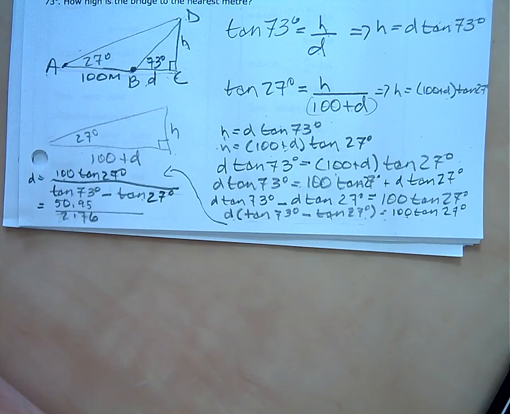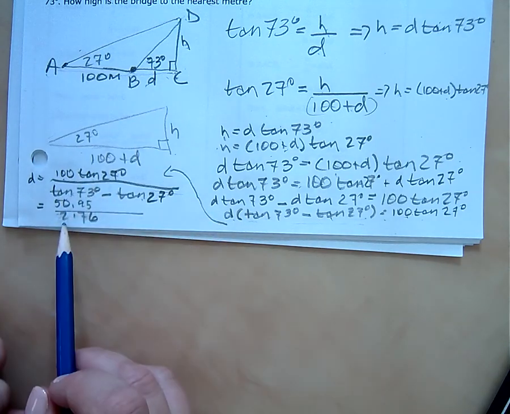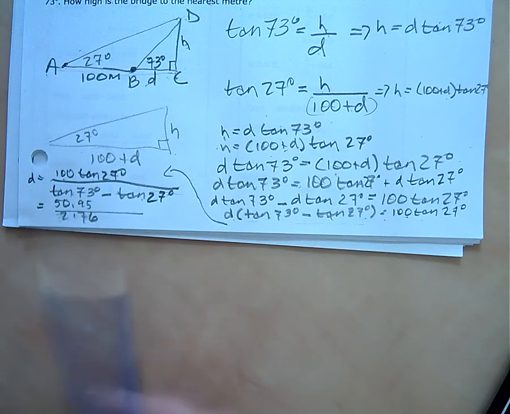And when I divide this by this, well, first of all, that's about 50 and that's about 2. So I know I'm going to be around 25, but let's just see.